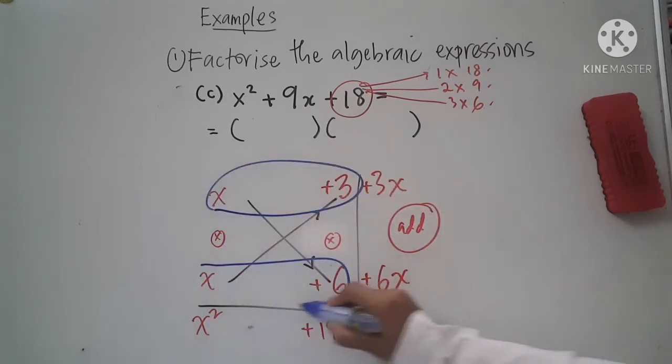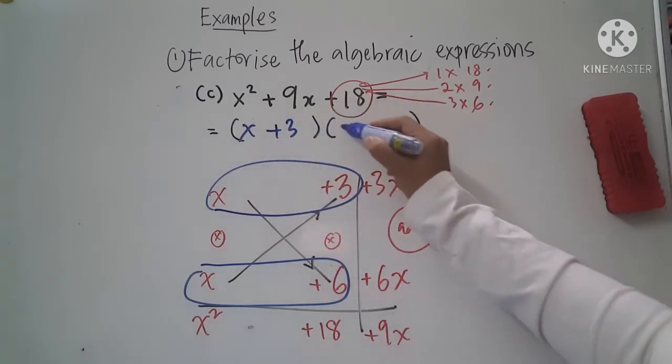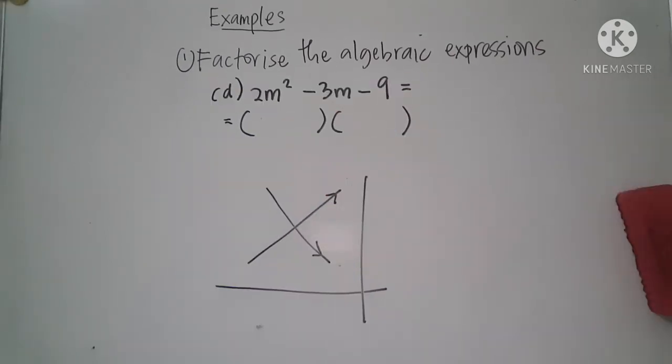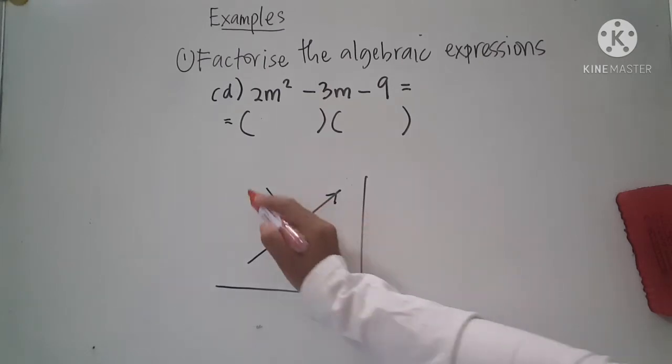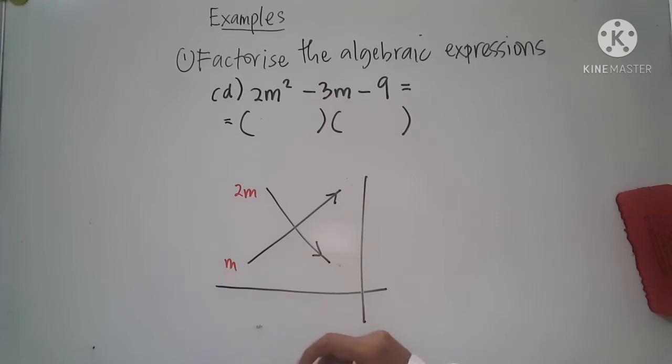Okay, this is the one you are going to write in the bracket. Now the D, 2m squared minus 3m minus 9. We put 2m here and m here.